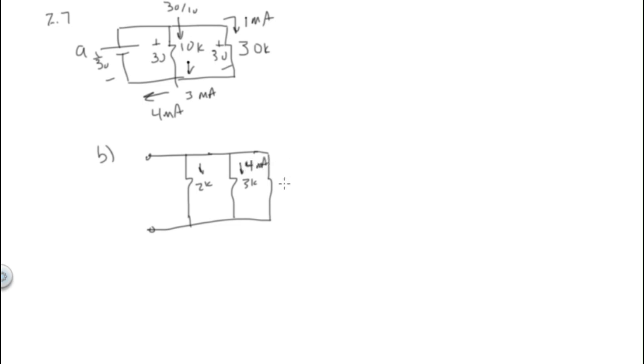And I have 30K and an unknown current I. So I need to know the voltage across here, and then I can find the voltage across here and across here, and then I know the voltage across here, right?